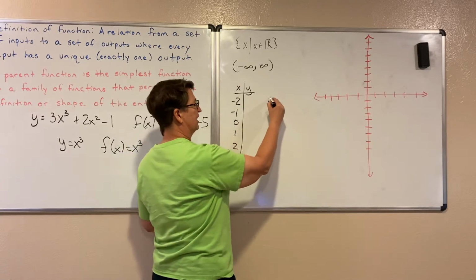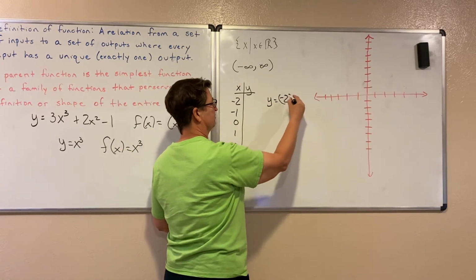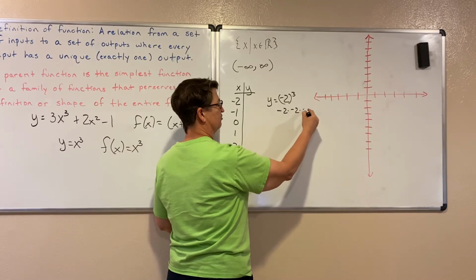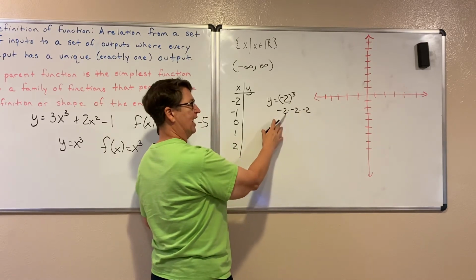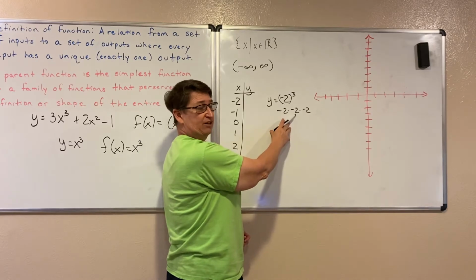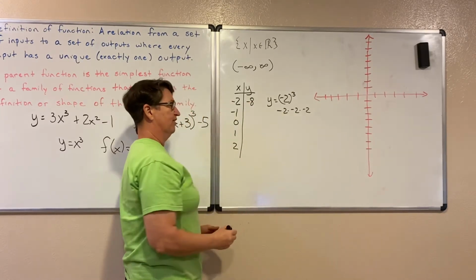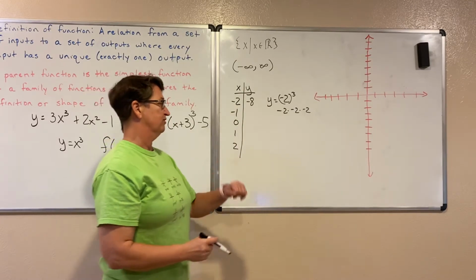If I put in -2 for x, then my output is -2 times -2 times -2. A negative times a negative makes a positive, times a negative makes a negative, so I get out -8. 2 times 2 is 4, times 2 is 8.